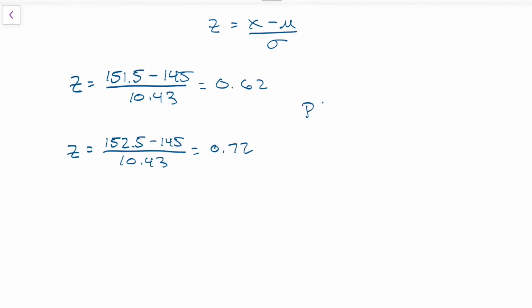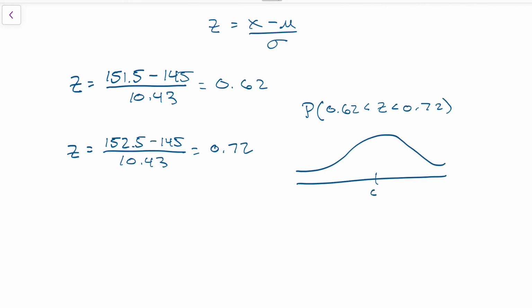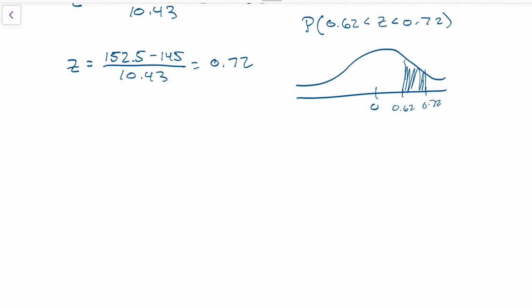So our new probability is the probability of falling in between 0.62 and 0.72 on a standard normal curve. And we've talked about that before.